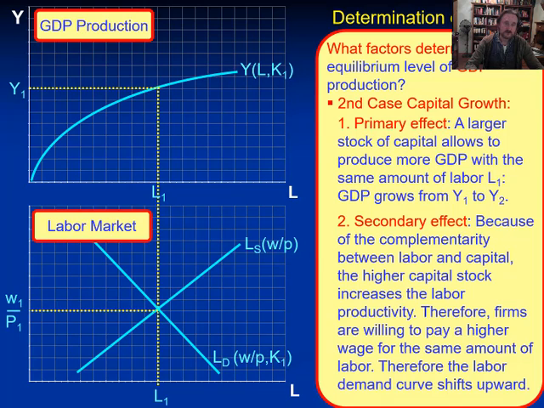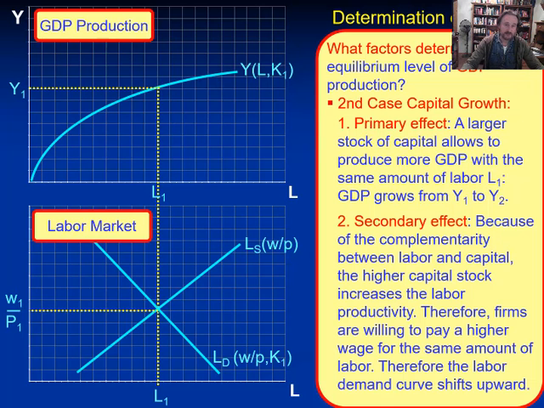Now, what happens if gross investment is larger than capital depreciation in period T, such that net capital investment in period T is larger than 0, such that the capital stock in the following period T plus 1 is larger than the capital stock used in the current production?